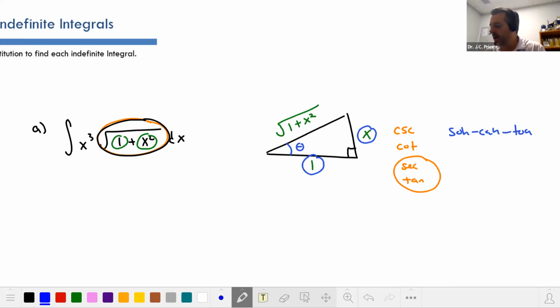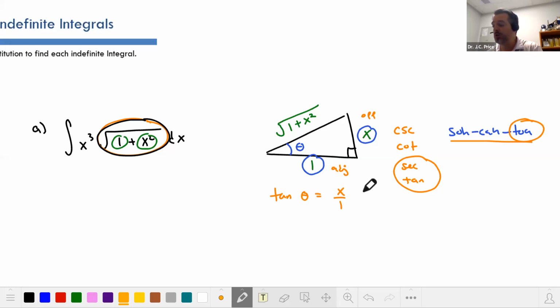Which one of these uses the opposite and adjacent side to the angle? That would be the TOA, right? That's what that stands for. The tan is equal to the opposite over the adjacent. So here I'm going to write tan of theta is equal to x over 1. I really only need to write x, but I just want you guys to see where all this is coming from. So now I know what tan of theta is.